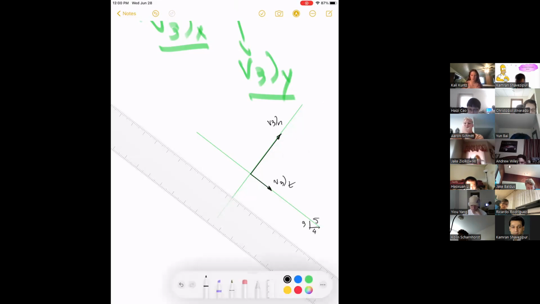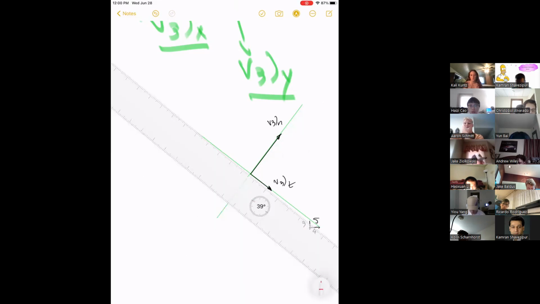I technically need to find, and let me do one with black, one with red, so we know what we are doing. Okay. I need to find this component and this component. Considering this is theta, this is also theta.